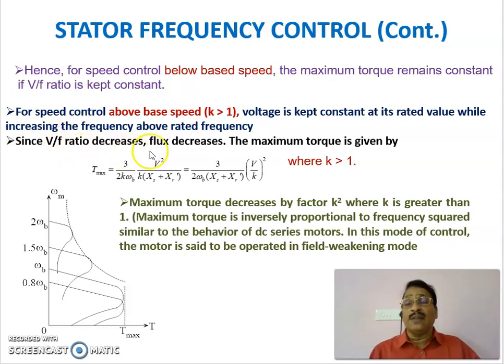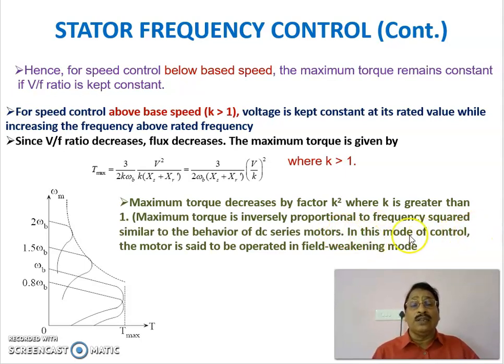As the V by F ratio decreases, flux decreases, and the maximum torque, from this equation, decreases by a factor k square, where k is greater than 1. That is, maximum torque is inversely proportional to the square of the frequency, similar to the behavior of a DC series motor. That is what is happening if you are increasing the frequency.